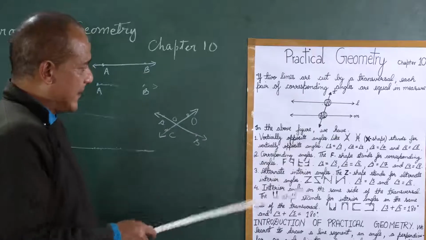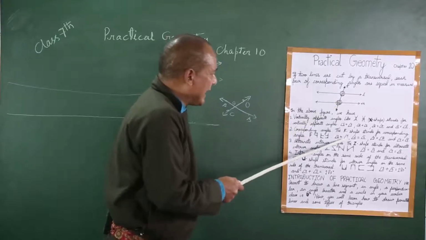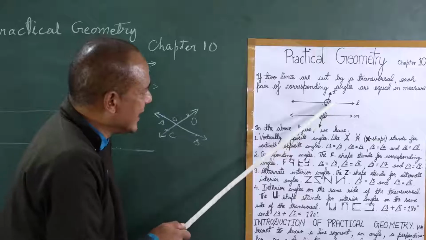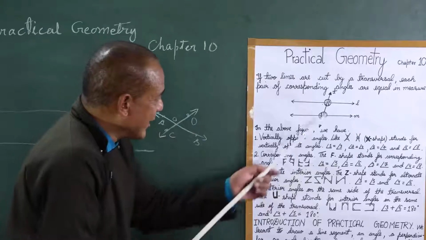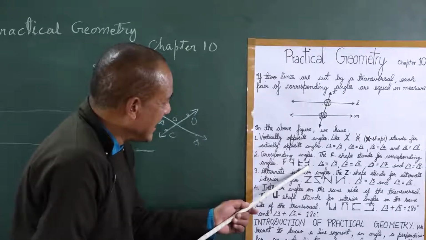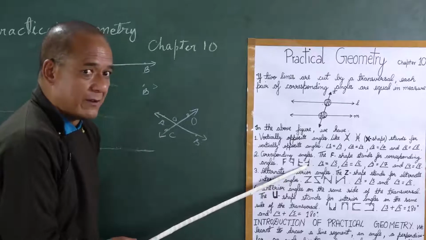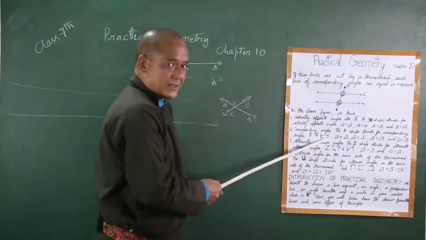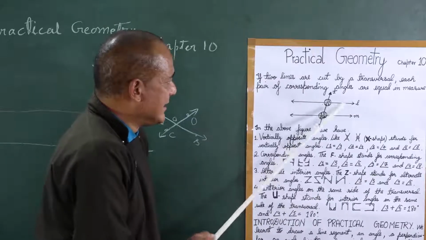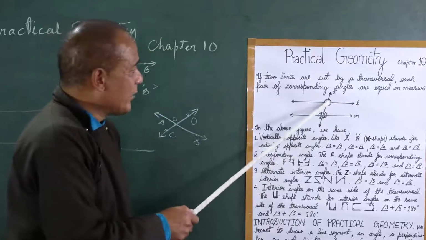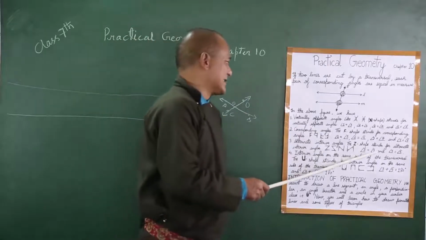Then angle 2 and angle 6 are again the corner of an F, and they are equal to each other. Then angle 3 and angle 7 are equal to each other again. This is a proper F, the corner of a proper F. That is called a corresponding angle.